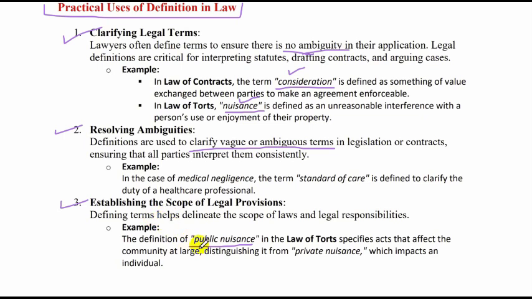When the term public nuisance is further elaborated upon, it clearly distinguishes public nuisance from private nuisance by specifying the acts that come under public nuisance, showing how the act of a person affects the community at large.